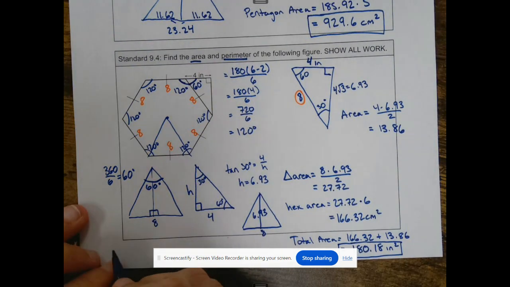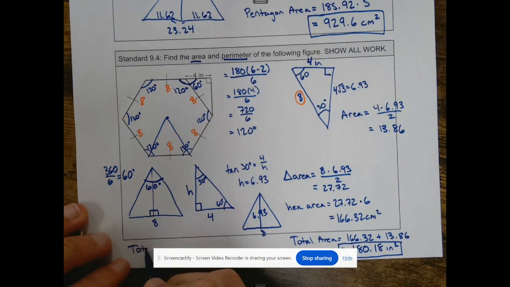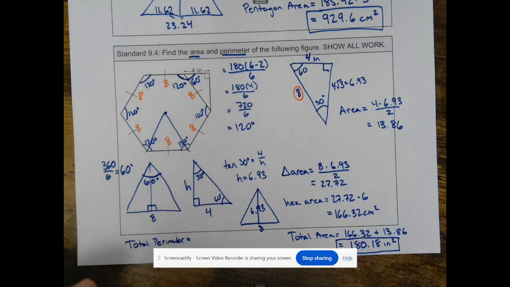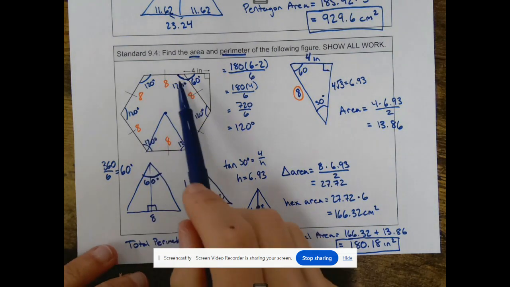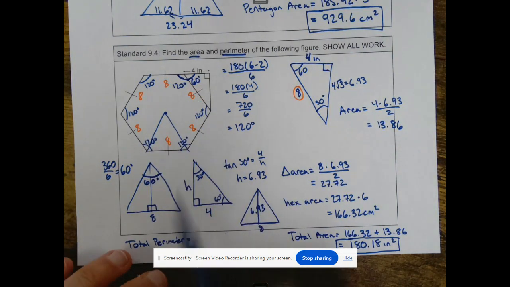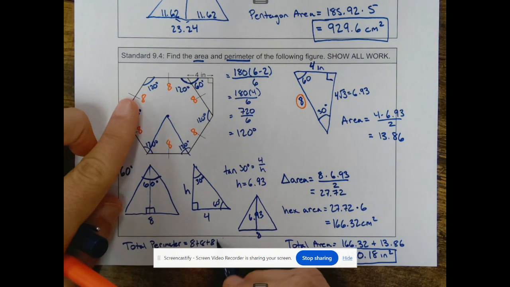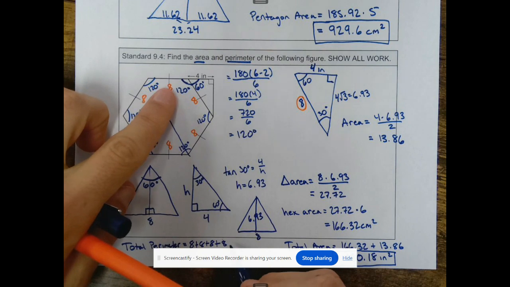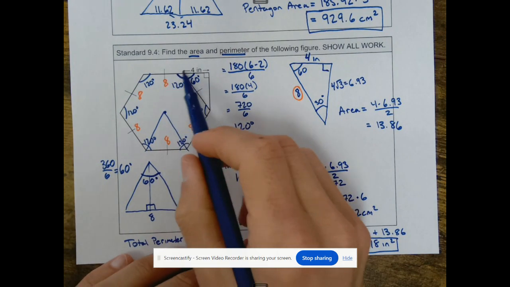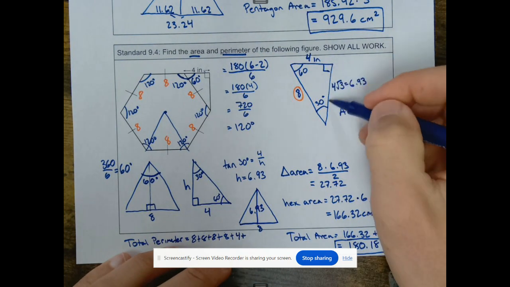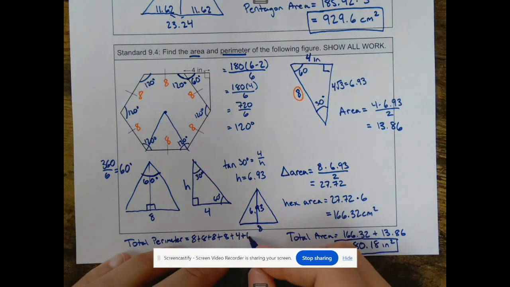The total perimeter is the distance around the outside. So how far is it around the outside of this hexagon with the triangle bump? 8 plus 8 plus 8 plus 8. Careful, it's not just 6 times 8, because here we have to go out to 4, and then down this side, which we know is 6.93, plus 8.